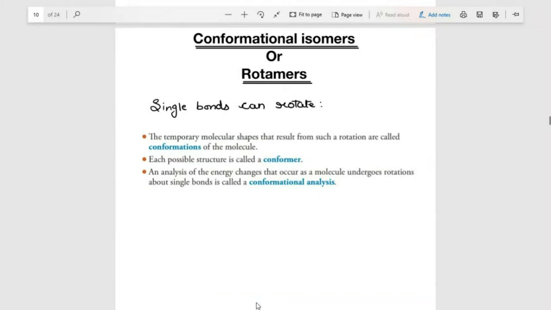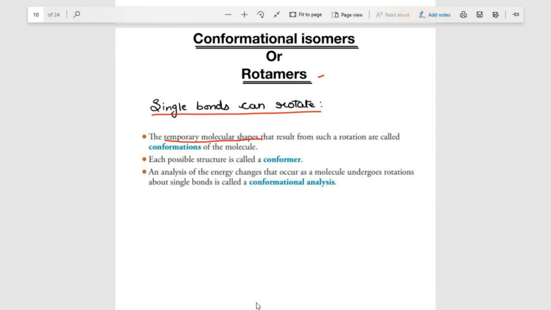They are identical. Okay, so out of these, first we are dealing with conformational isomers. They are also called rotamers. They are found in molecules which have a single bond. As the single bond can rotate, as a result of that rotation, many temporary molecular shapes are generated.